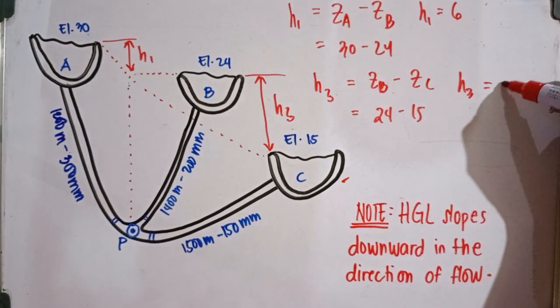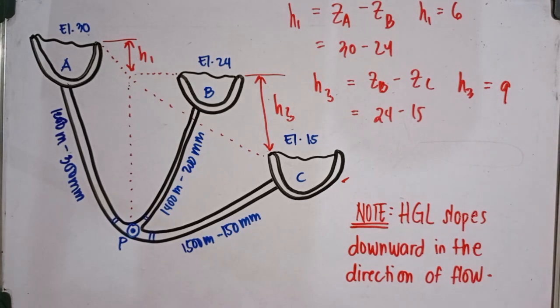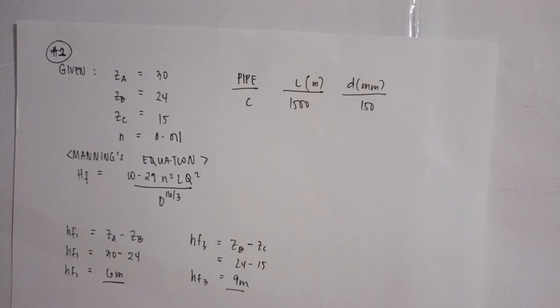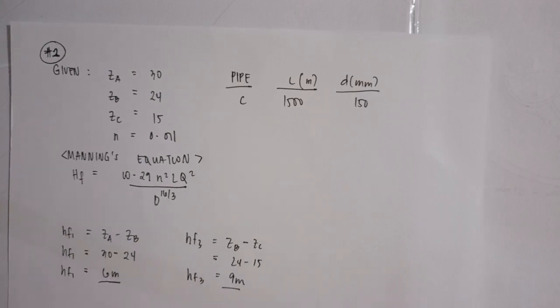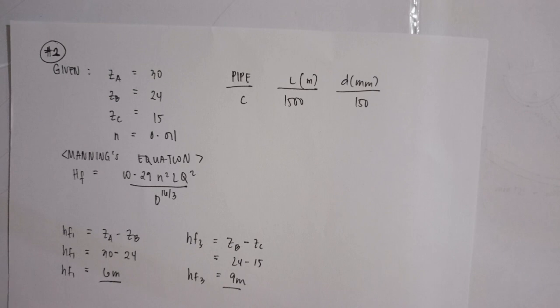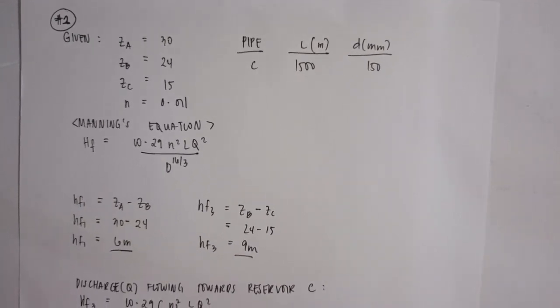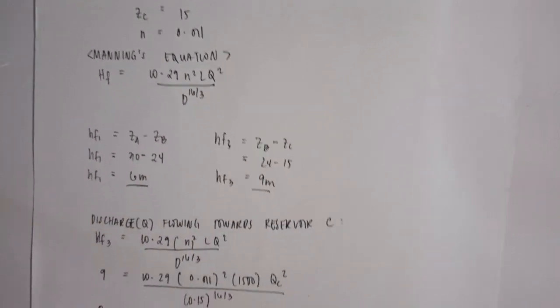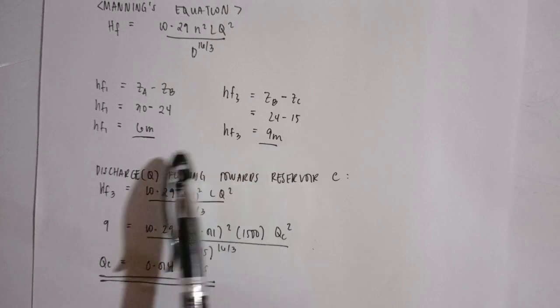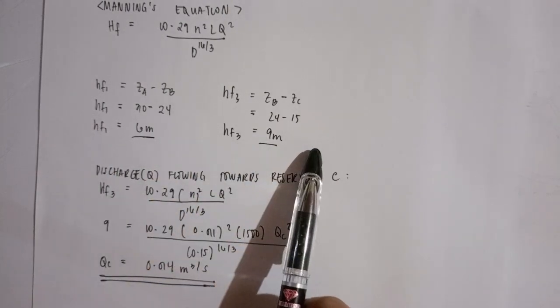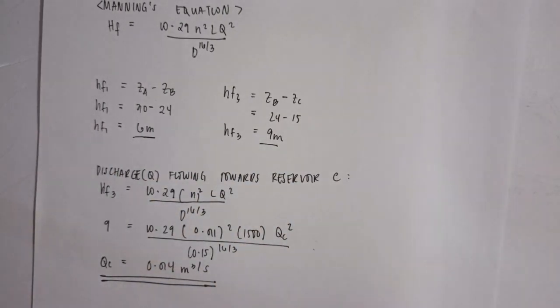H3 is equal to 9. Now we can get our Q. Because we have a Manning's coefficient n, we're going to use Manning's equation. HF is equal to 10.29 n squared LQ squared over d to the power of 16 over 3. And we already got the head losses HF1 and HF3 earlier, which are 6 and 9.